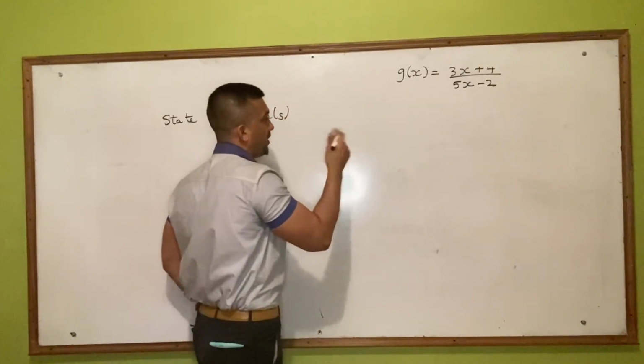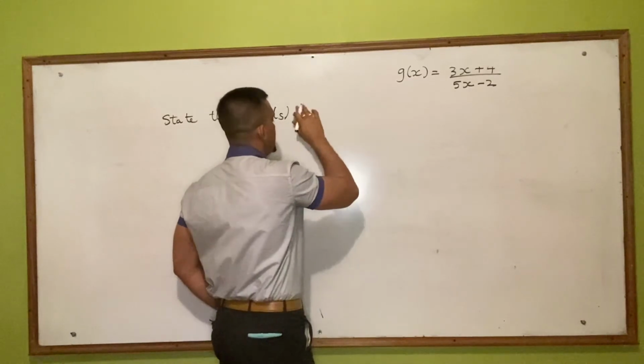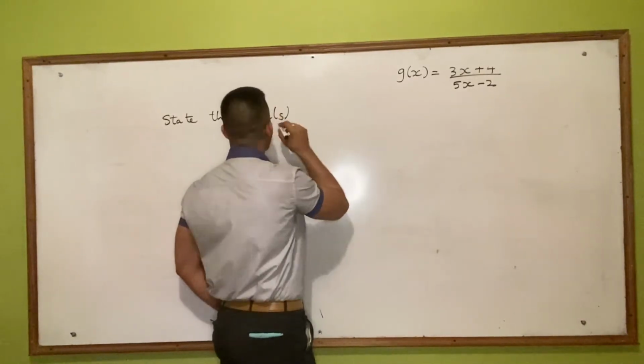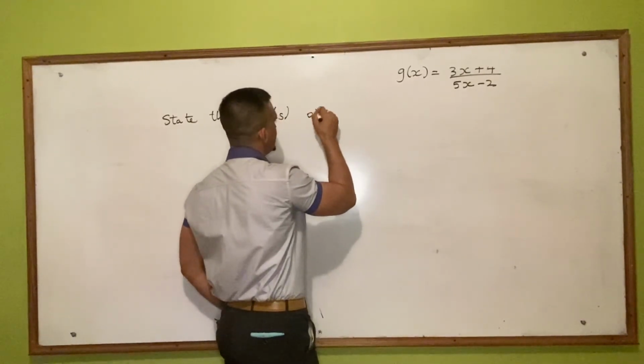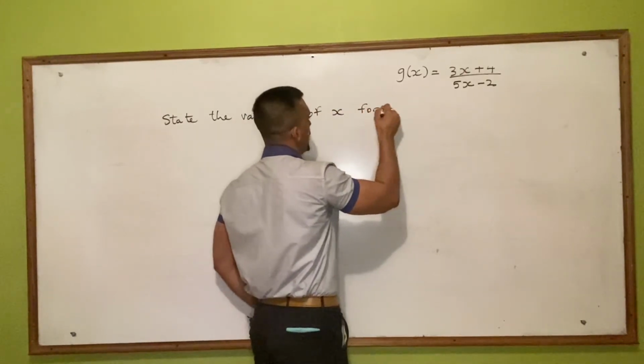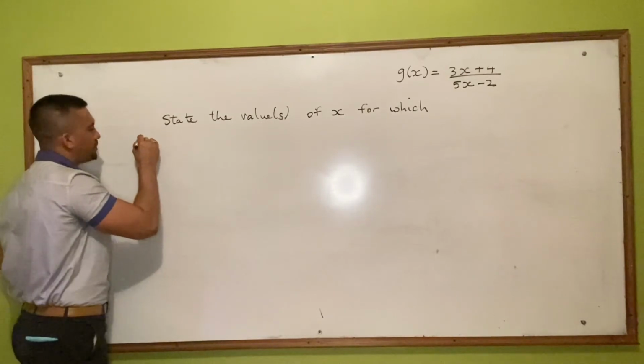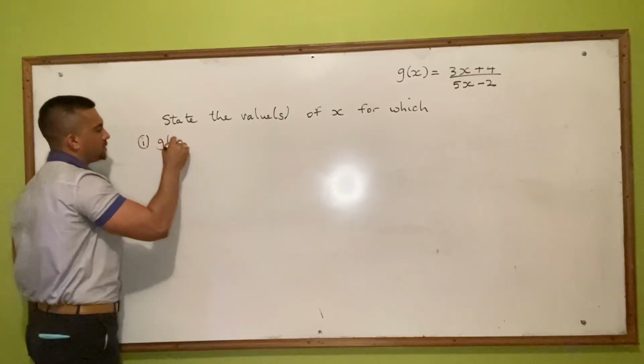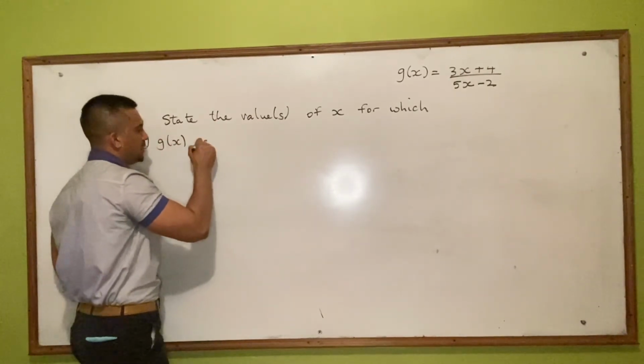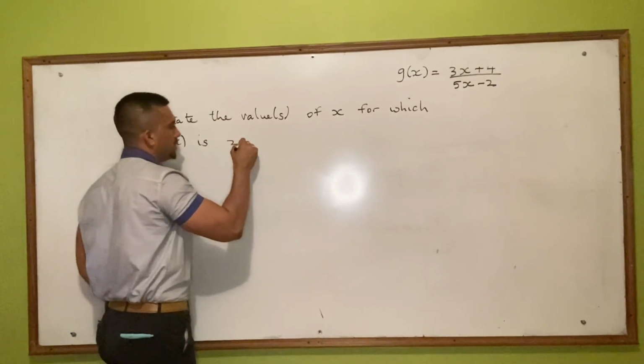Sometimes they might end up with two values, depending on if your denominator and numerator are quadratic. State the values of x for which, part 1, we have two parts, g of x, which is this function given, is 0.